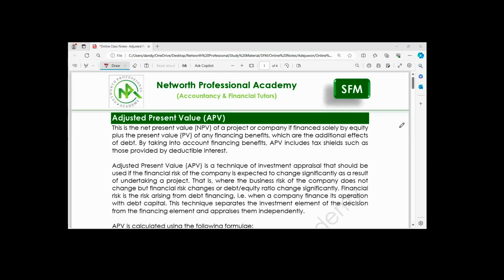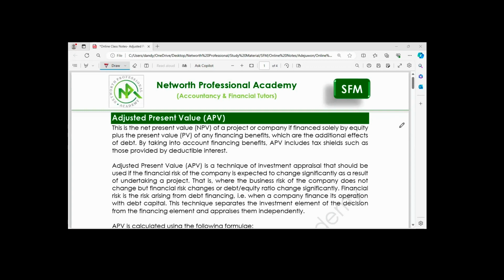One is the cash flow from operation, then the other one is the cash flow from financing. So APV incorporates financing with the normal operation of the company in relation to the determination of financial viability of a project. So that's why APV is more technical relative to net present value.